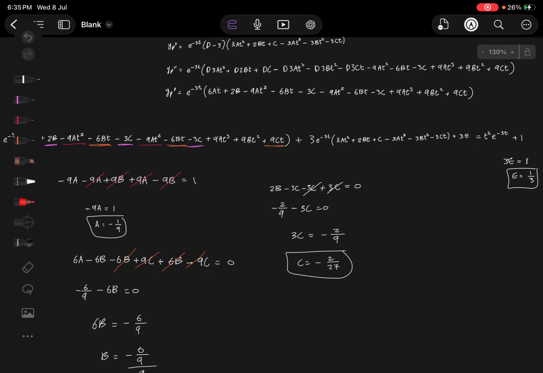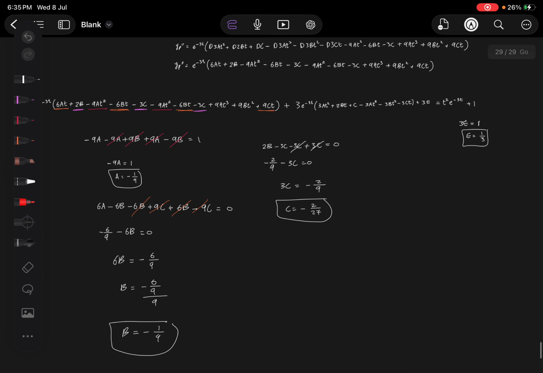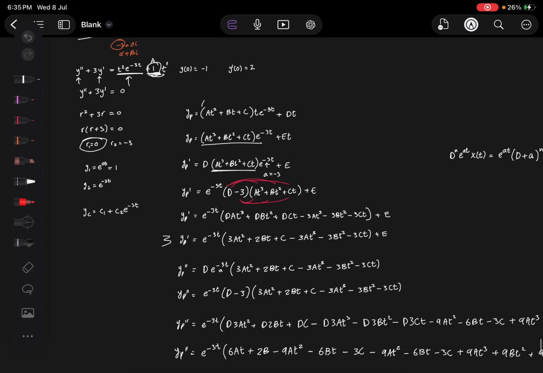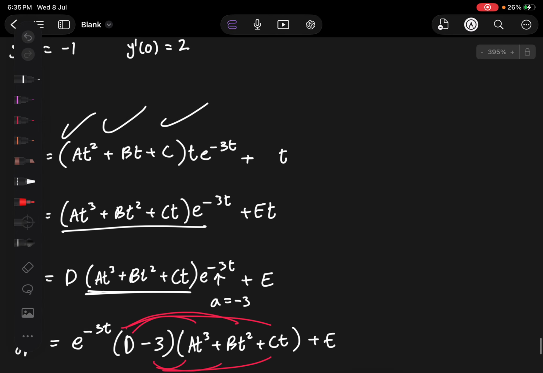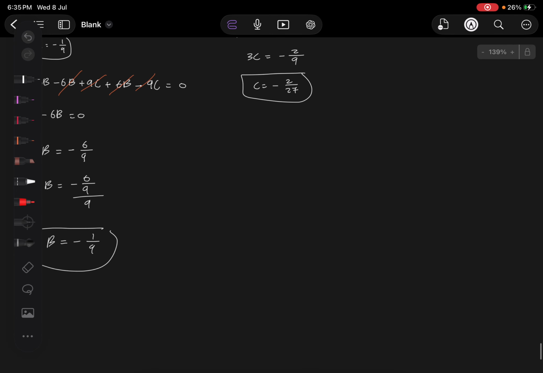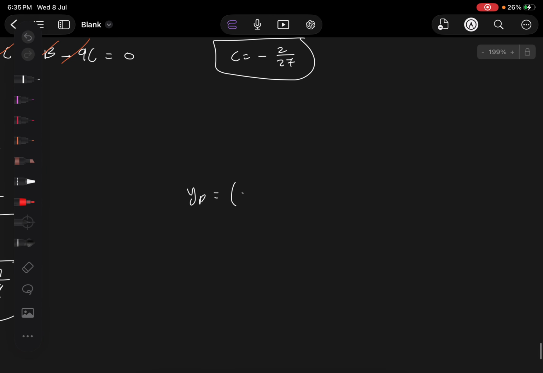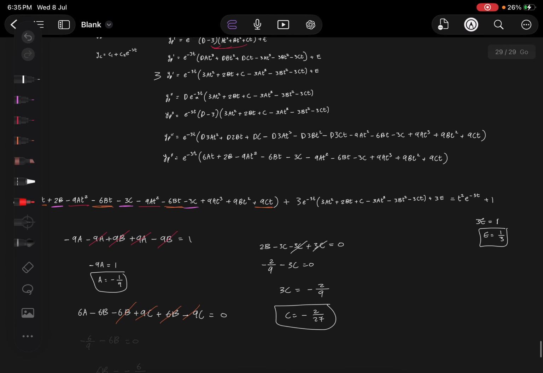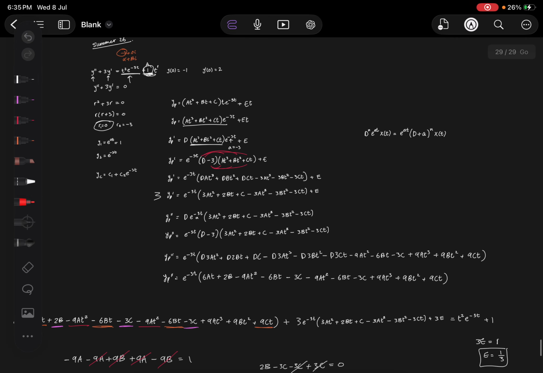So that's that. And we got a, b, c, and e. So that's it, we got YP. So YP equals negative 1 over 9 t cubed. Let's get this down.